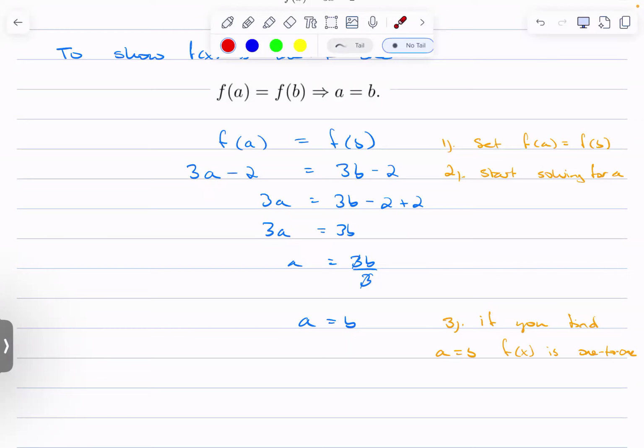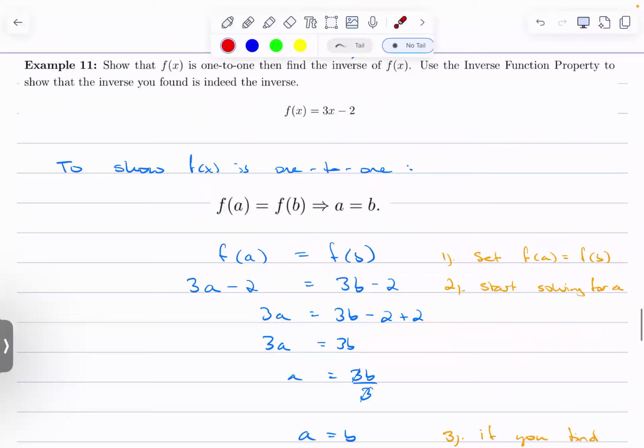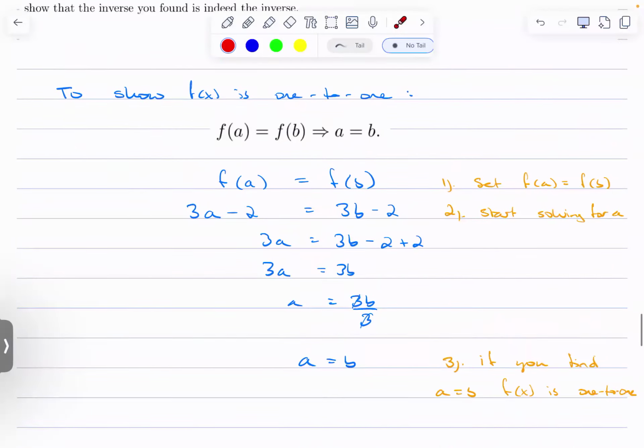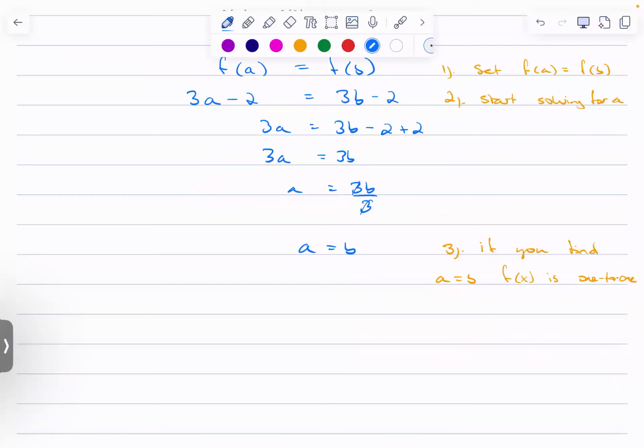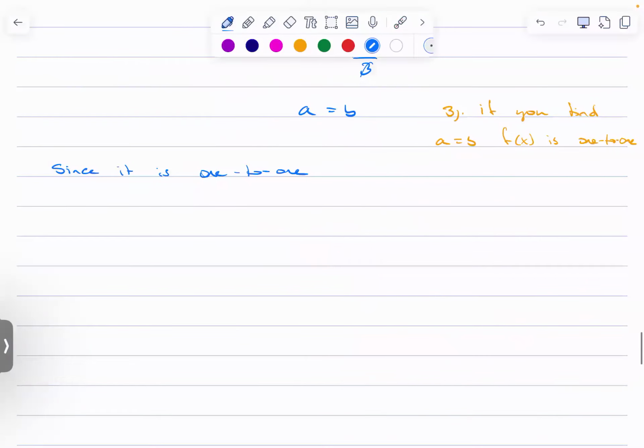Okay. So you can show that f of x is 1-to-1. Now that it's 1-to-1, since it is 1-to-1, we can find the inverse.